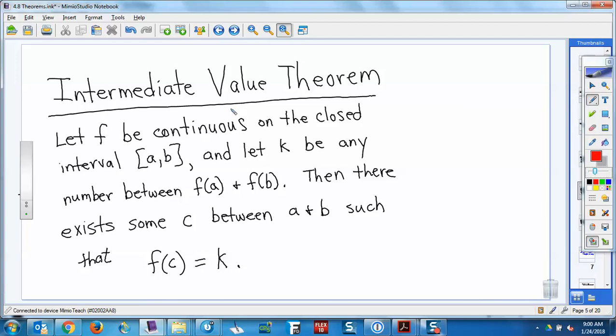So don't say let f be a continuous closed interval, because now you're letting f be the interval, and the interval's continuous. That's not what it is. f is a function that's continuous on a closed interval. So it means from this point to this point, the function's continuous. No gaps, no holes, no breaks, nothing weird like that. Both of these theorems need that.